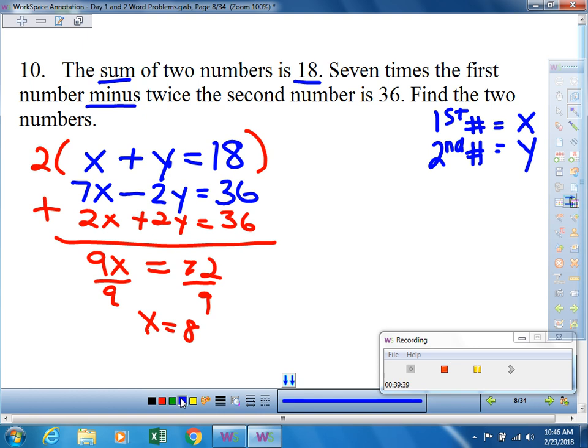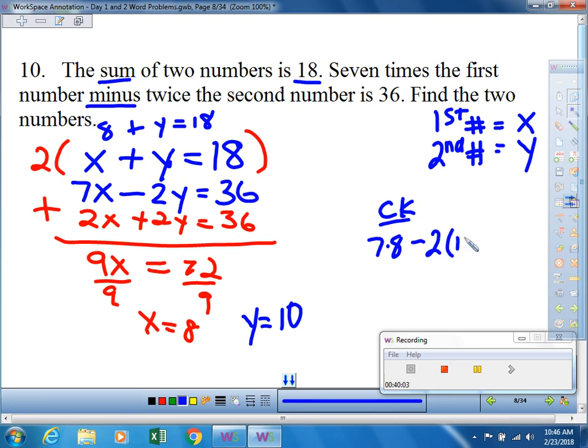Okay, so 8 plus what equals 18? So y equals 10. And then you would do 7 times 8. This is the check. 7 times 8 minus 2 times 10 equals 36.